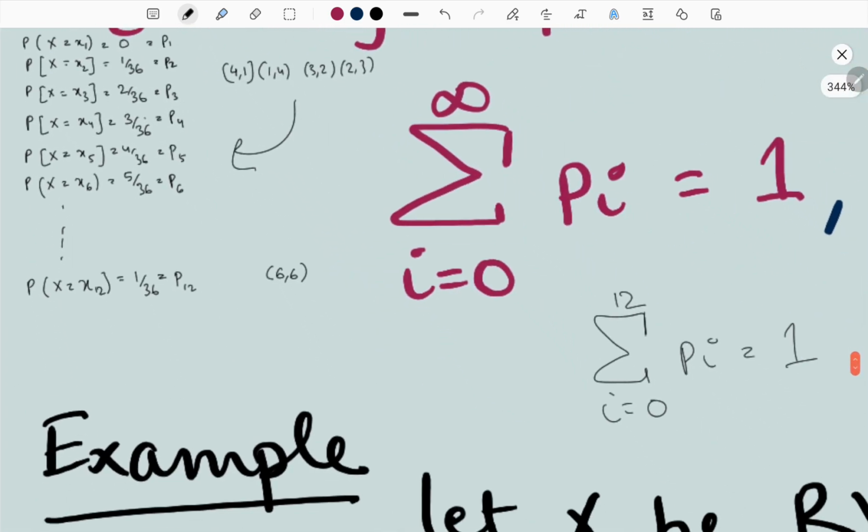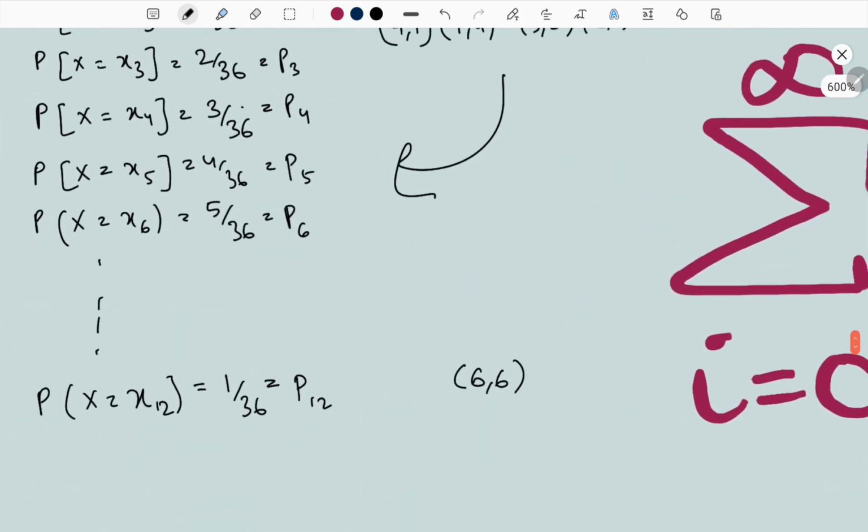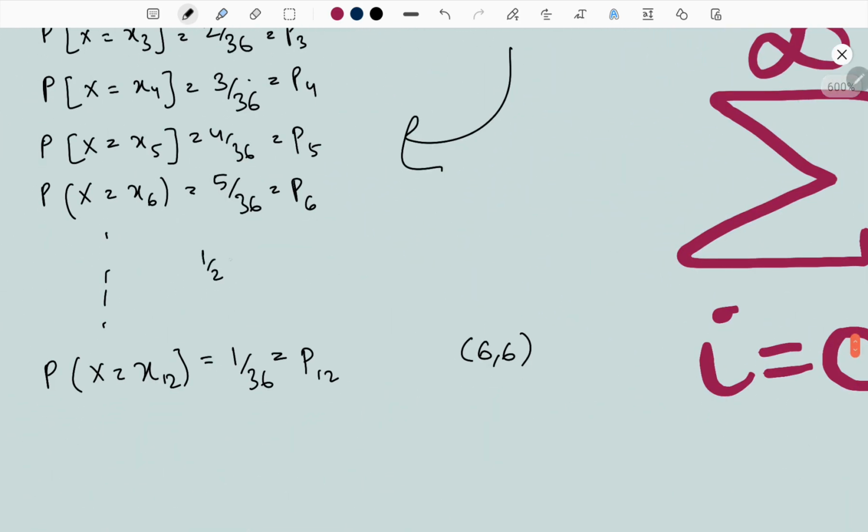You can see that 1 by 36, 2 by 36, 3 by 36 up to 1 by 36 again will be equal to 1.